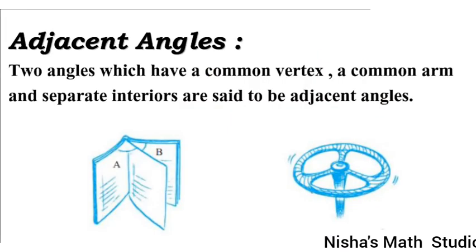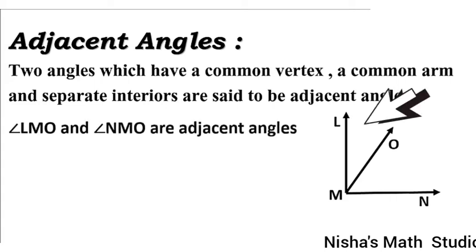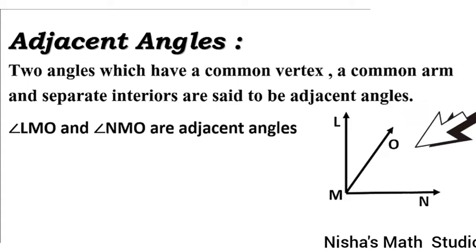Two angles which have a common vertex, a common arm and separate interiors are said to be adjacent angles. Look at the given figure here. Angle LMN, angle LMO and angle OMN are the 3 angles formed here, out of which angle LMO and angle NMO are adjacent angles.